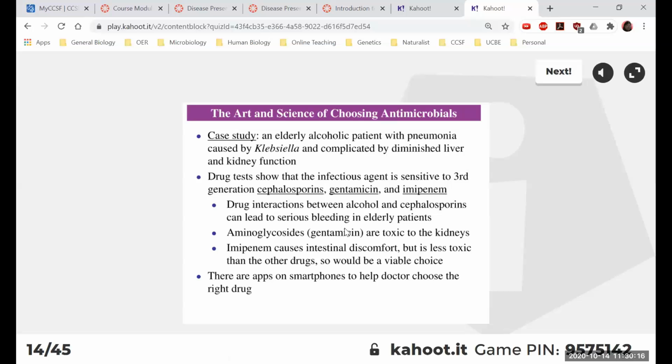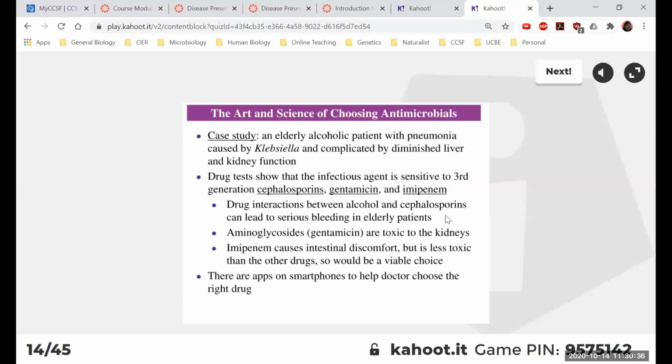Gentamicin belongs to the aminoglycosides, which are protein synthesis inhibitors. But gentamicin is also known to be pretty toxic to the kidneys. The patient already has a kidney problem, so you do not want to use gentamicin. That leaves you with one drug, imipenem.